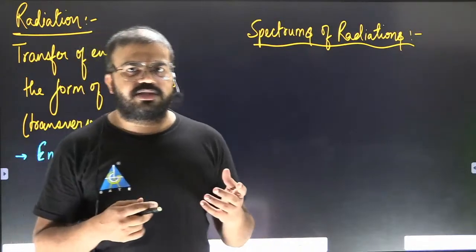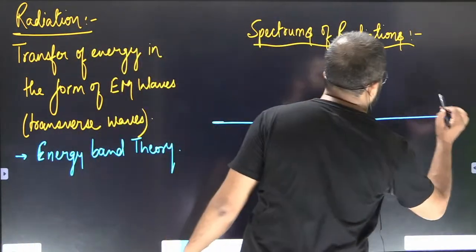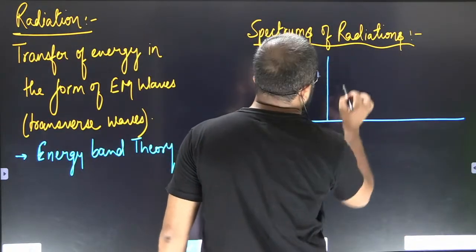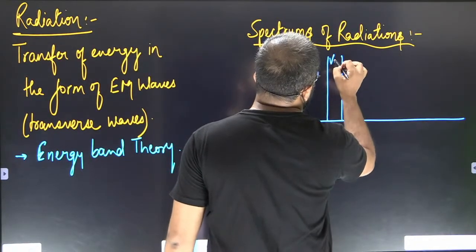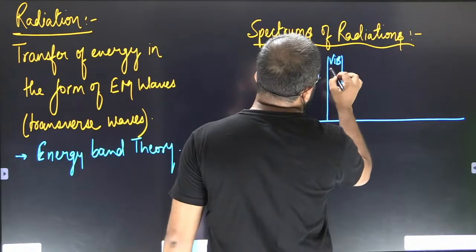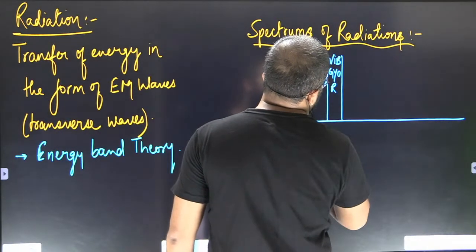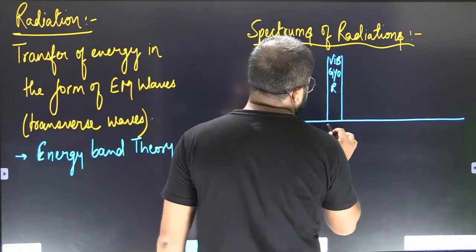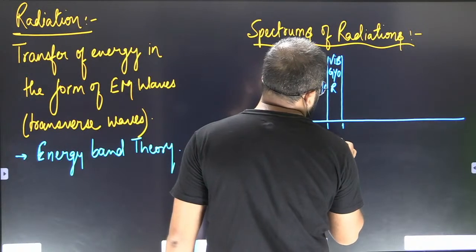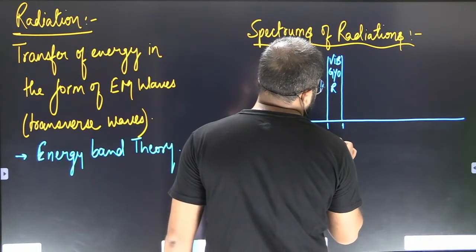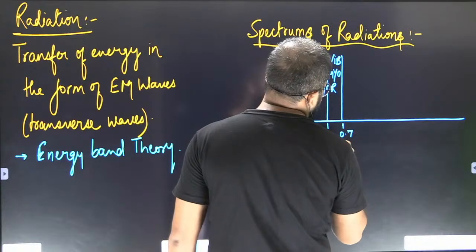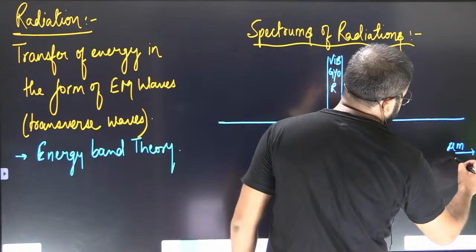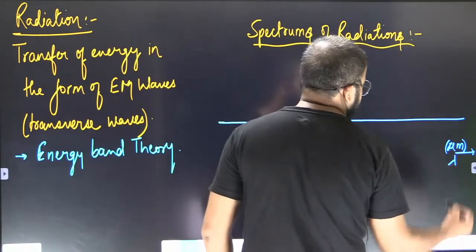These spectrums include, see, they are like this. The reference should be VIBGYOR, the visible range: violet, indigo, blue, green, yellow, orange, red. This lies between 0.7 to 0.4 microns, and this is wavelength in microns.